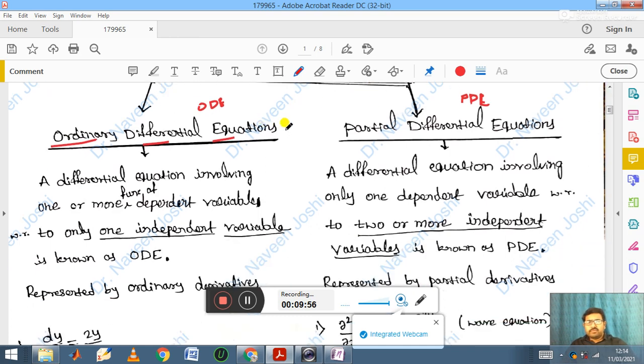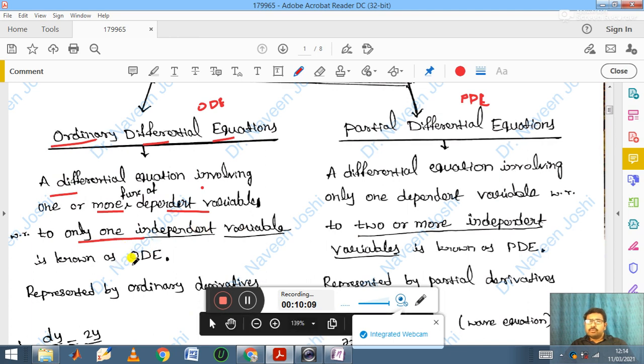I have written the definition: a differential equation involving one or more functions of dependent variable with respect to only one independent variable is known as ODE. So let us understand here.